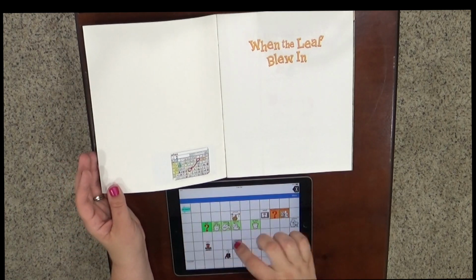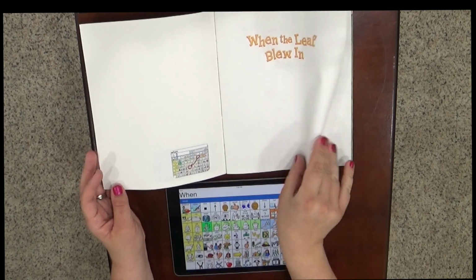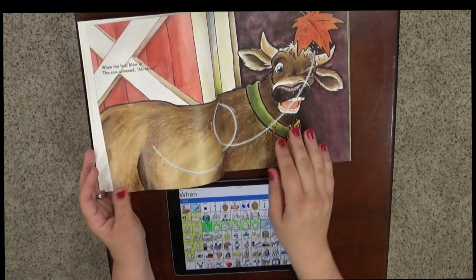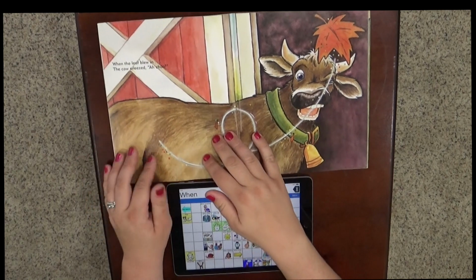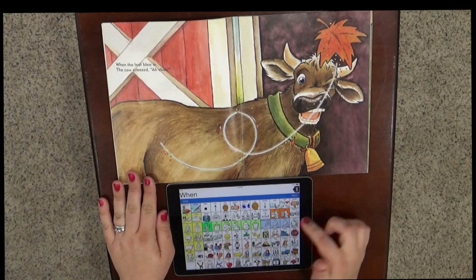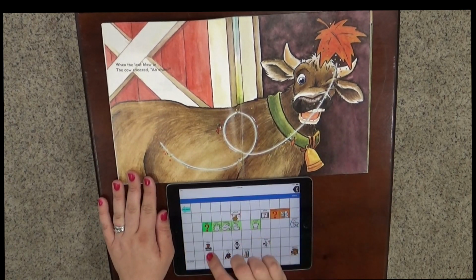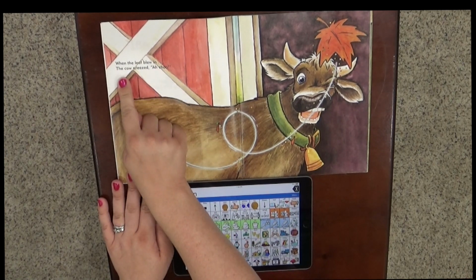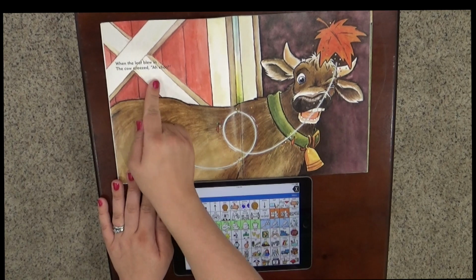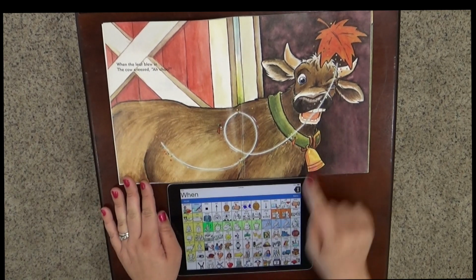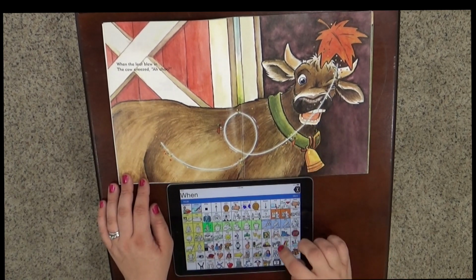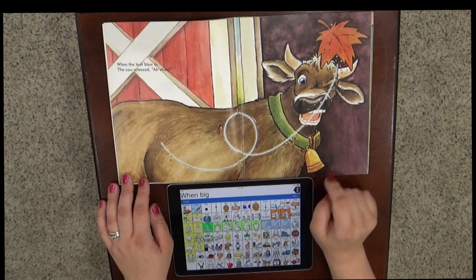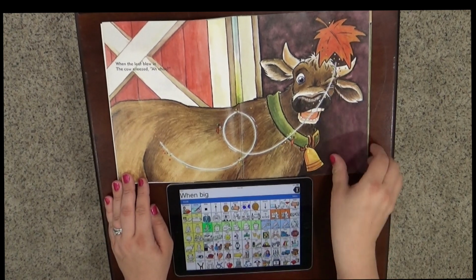So when the leaf blew in. When the leaf blew in, the cow sneezed. Achoo! Look at that. That looks like he had a big sneeze from that little old leaf.